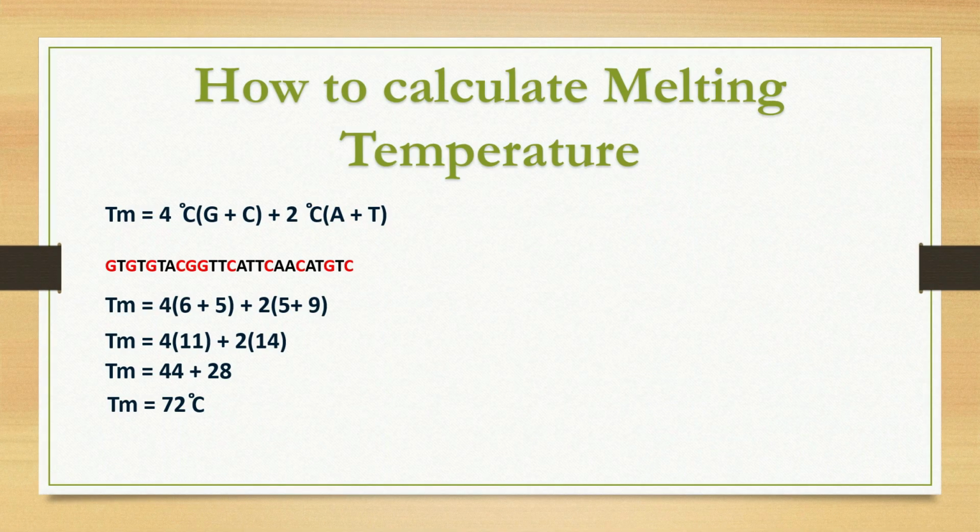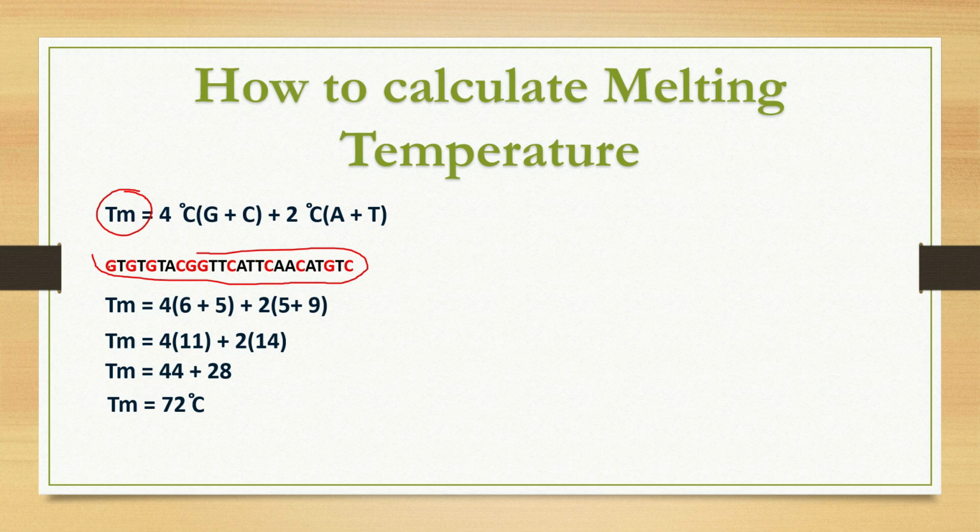So this is the formula we can use to calculate the melting temperature of a primer. Melting temperature equals 4 degrees Celsius times the GC content plus 2 degrees Celsius times the AT content. This is the example. This is the sequence of a primer in which I have highlighted the G's and C's in red and the T's and A's in black.